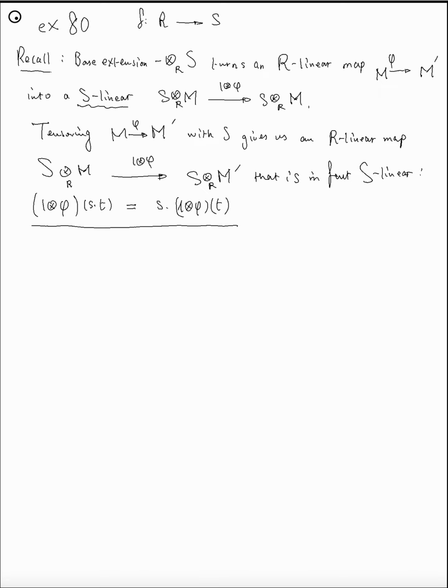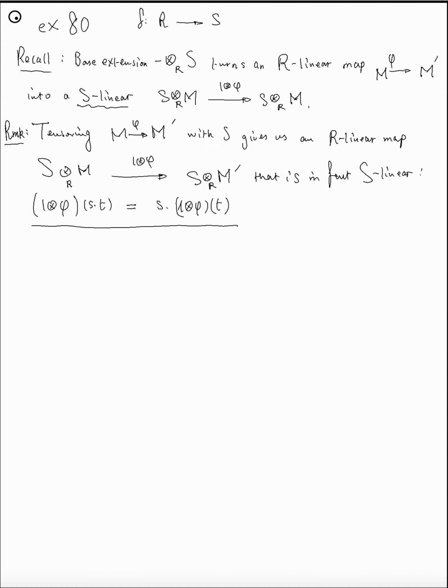As we discussed, this turns an R linear map into an S linear map just by the tensor product of the identity map with this R linear map. So more rigorously, the correct procedure should be as follows. What we have introduced is, if you have two R linear maps, find C, then find tensor C is again an R linear map.